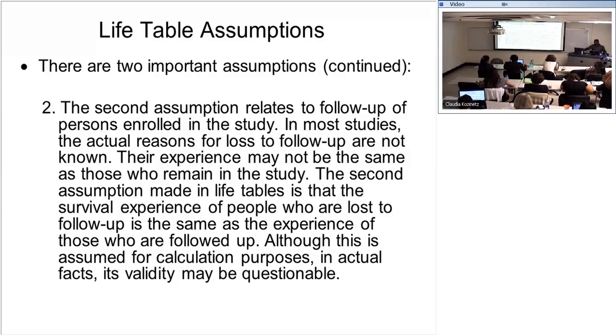When you don't have information about these people, all you know is that those who are really sick and about to die may be taken away, and so your estimate will be biased. It is important to know, in almost all studies, whether people who have left the study are significantly different from those who remain, and to take measures to reduce that occurrence.